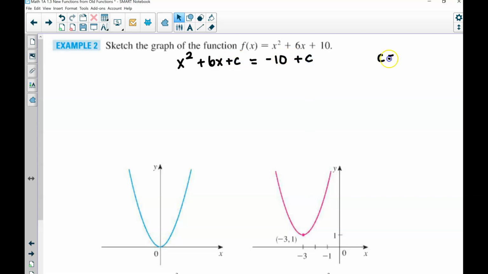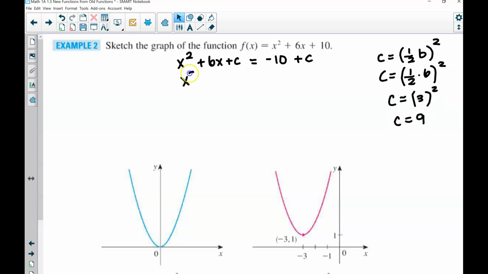Okay, and then c is going to equal 1/2 of the value of b, and then squaring it. So therefore, c would equal 1/2 of 6, and 1/2 of 6 is 3. And when we square that, we would get the value of 9.